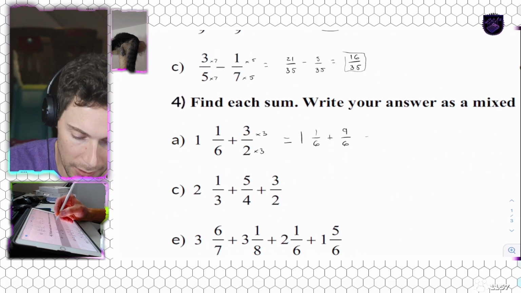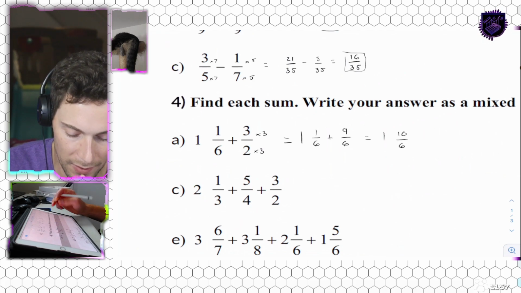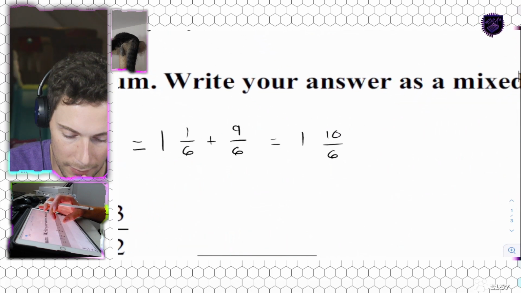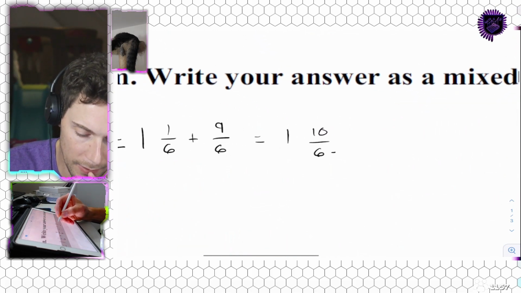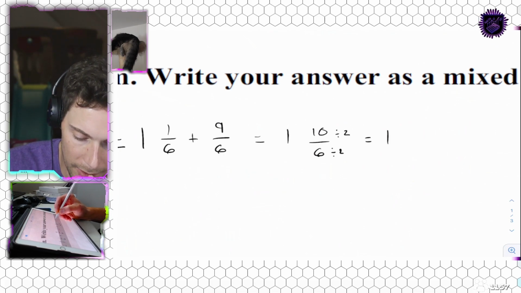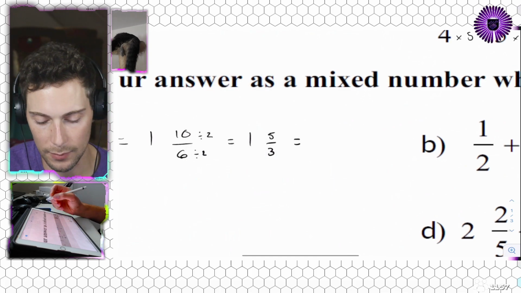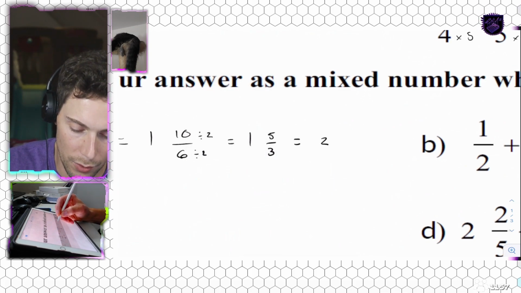So this will be equal to 1 and 10/6. Now, we can simplify this. Divide by 2, divide by 2. And this will also be equal to 1 and 5/3, which will be equal to 2 and 2/3.